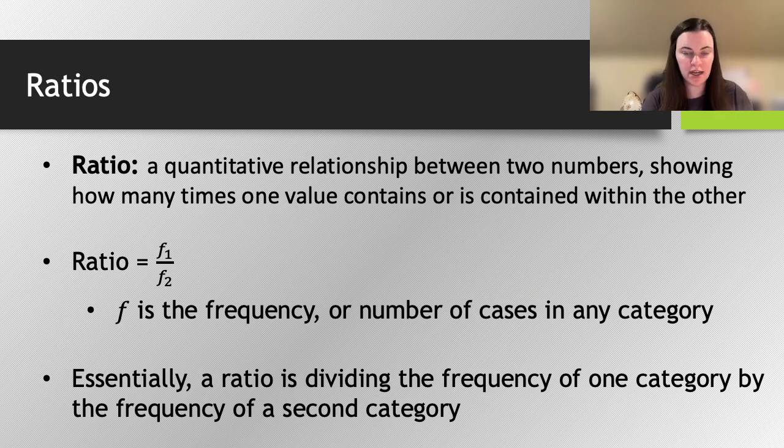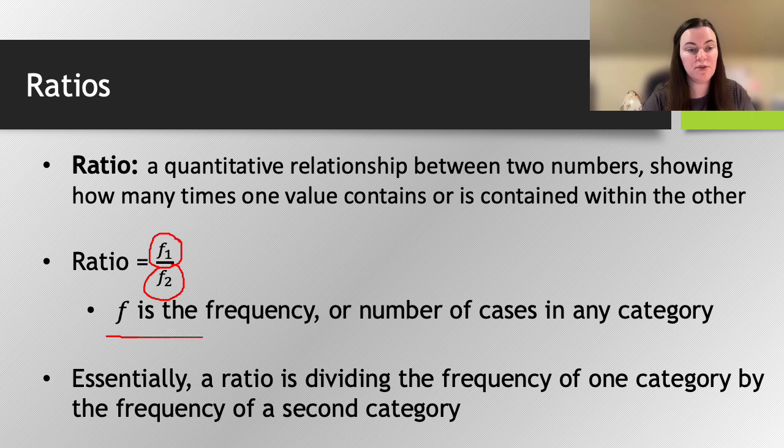Another statistical technique that we can utilize is ratios. In this case, a ratio is a quantitative relationship between two numbers, and it shows how many times one value contains or is contained within one another. It's very easy to calculate ratios because all that we have to do is identify the first frequency that we are interested in and divide that by the second frequency.